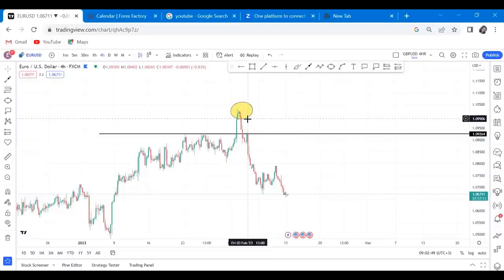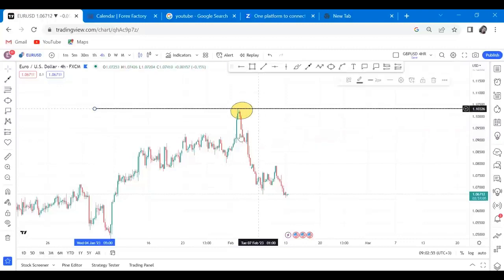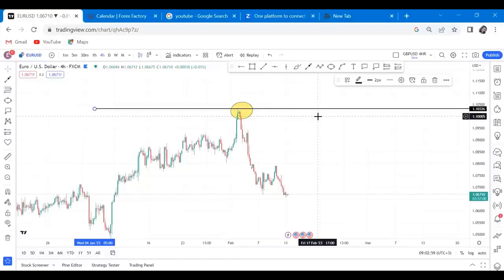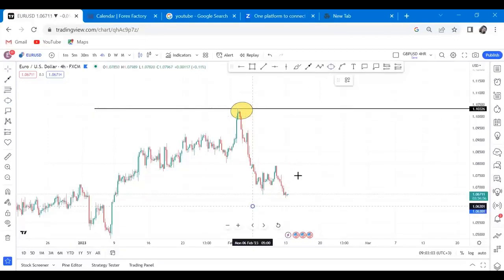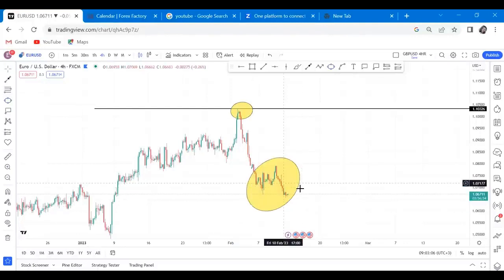The other thing that I want to check is, if this is my highest point and the buyers have not been challenged, where is my current price? My current price at this moment is this zone. So I have to be very careful with my current price, because something can happen.